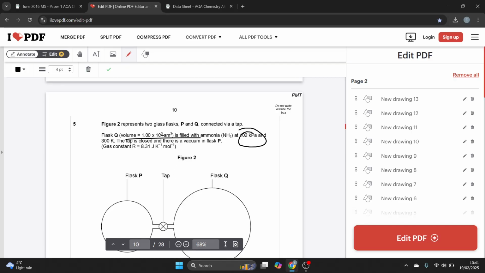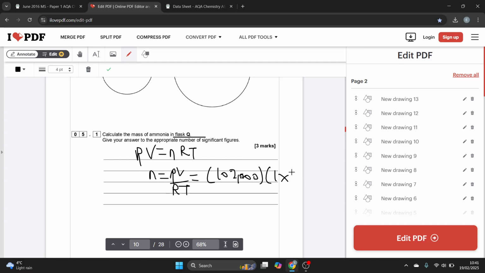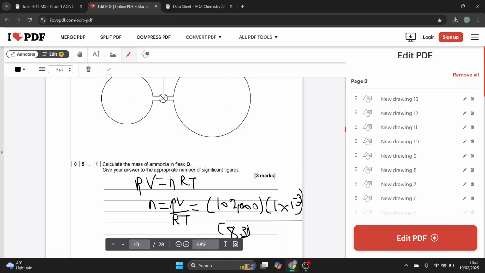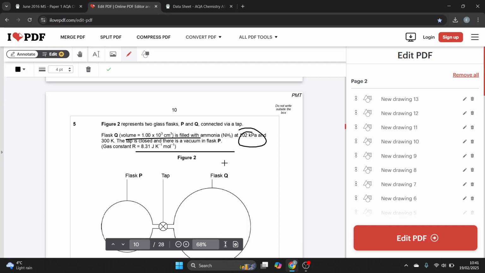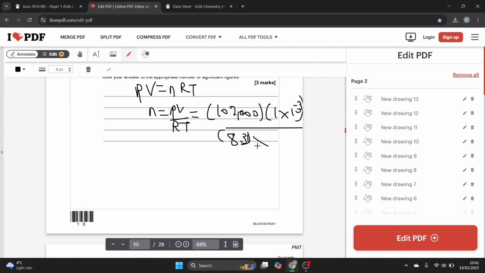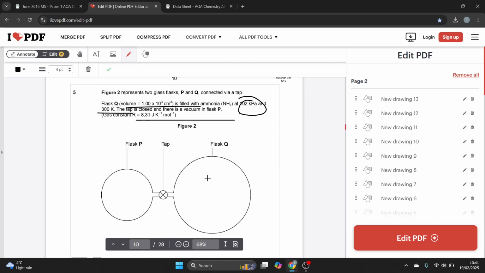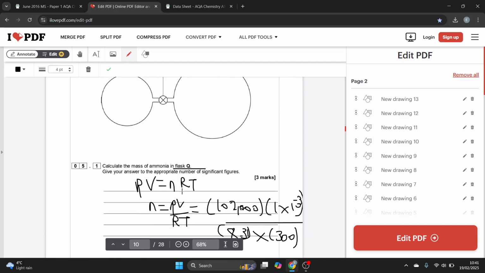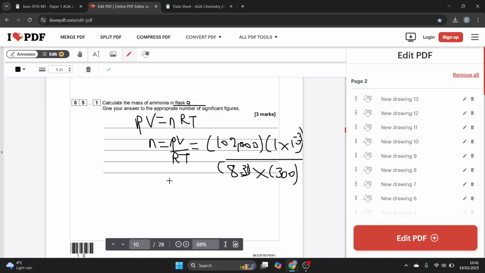So it's going to be that divided by a million, so it's going to be 1 times 10 to the power minus 3 instead of times 10 to the power 3. Divided by R, which is always going to be 8.31 generally, times the temperature in Kelvin, 300. Work that out.